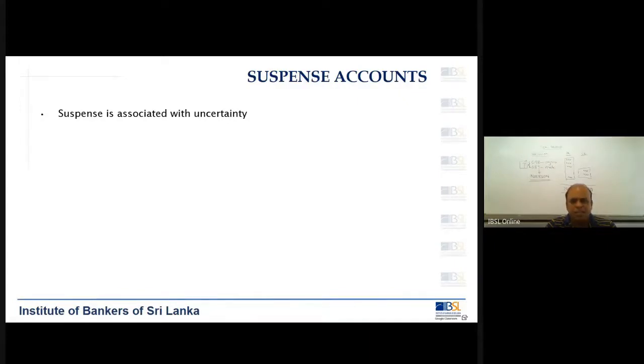Uncertainty means we don't know what it is. So when the trial balance of a business is not balanced, there is some problem, some uncertainty. In order to resolve this issue, we have to come out of this uncertainty that we are having.